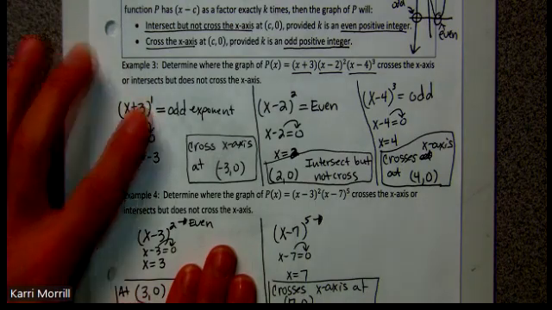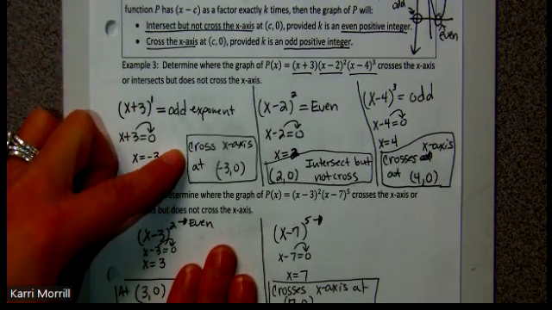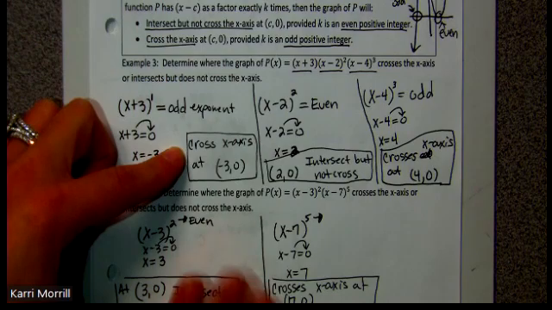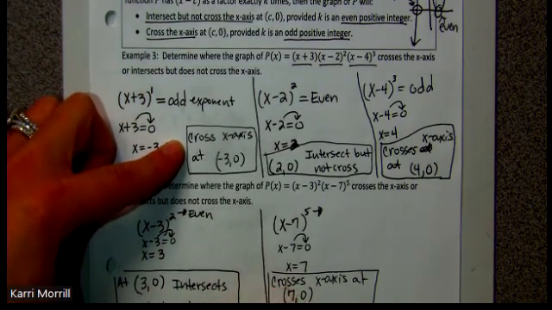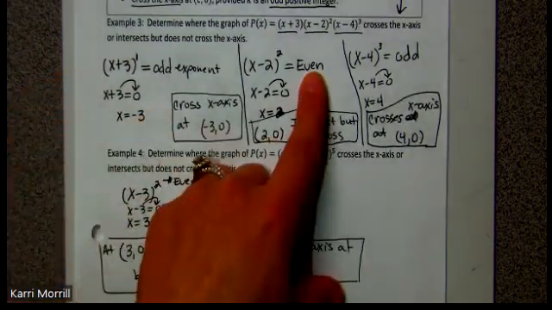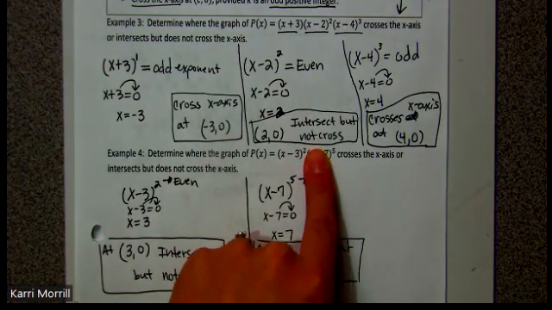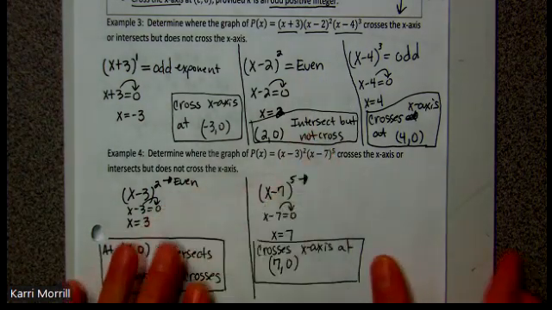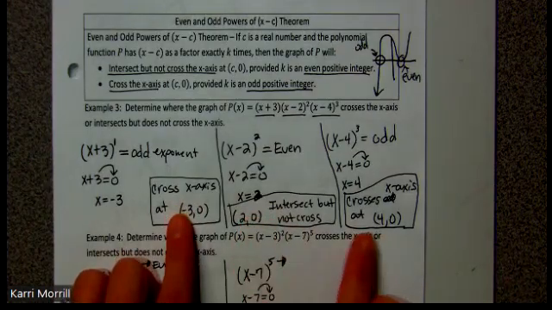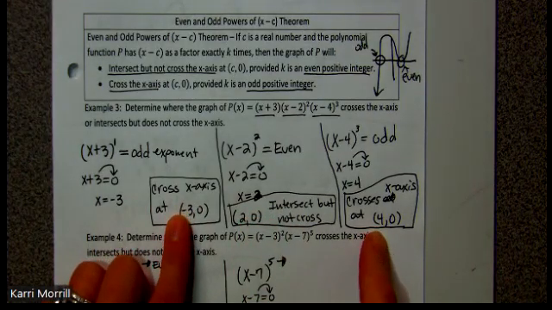So if it's an odd exponent, it will cross it. I don't have a memory device for that, so maybe you have to make up your own to know between the 2 different things. If it's an even exponent, that's when it's turning. And so it's going to intersect but not cross at those points, which we will learn are called the x-intercepts.